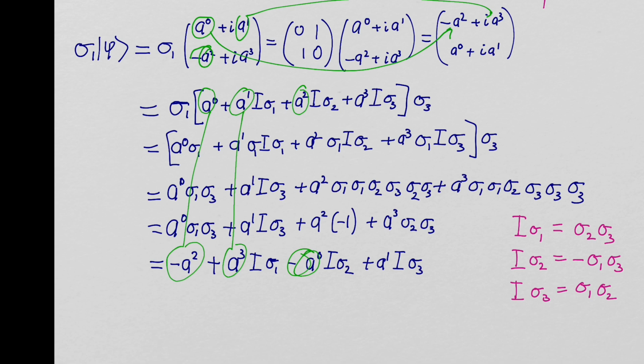Minus A2 is replaced by A0, same thing. And A3 is replaced by A1, which is A3 is replaced by A1. Okay, so ultimately, a little foreshadowing, you can see it all works.